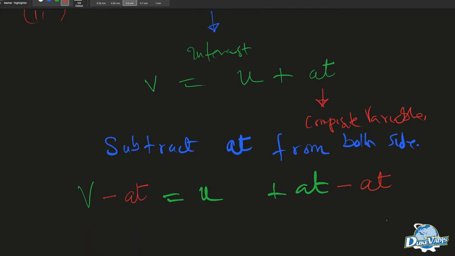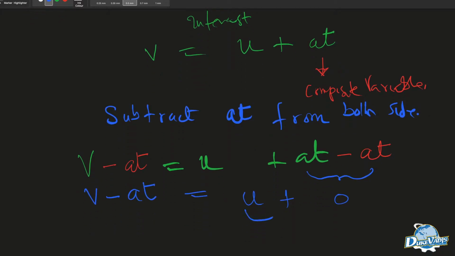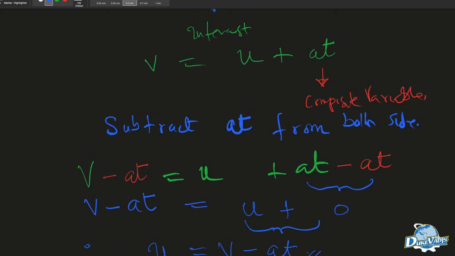And straight on, since they are composite variable, this two will give me 0, plus U is equal to V minus AT. And we know U plus 0 is U. So therefore, our U, which is the change of subject, equals V minus AT, which is simple.